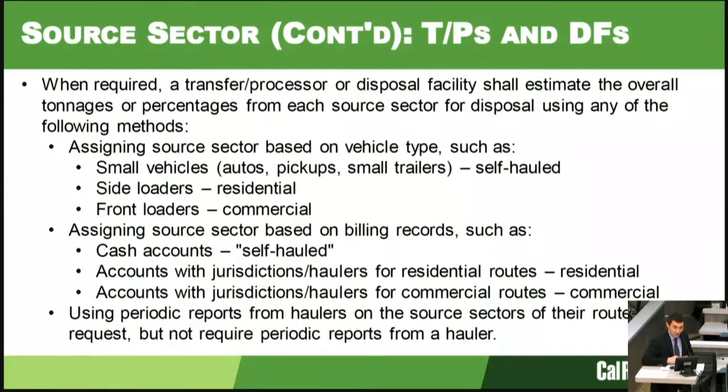Accounts for jurisdictions or haulers for residential routes you can call residential, and accounts for commercial routes call commercial. You can also request periodic reports from haulers about the source sectors, and you can only request but not require the periodic reports from a hauler with respect to this article. So, take that for what it's worth.